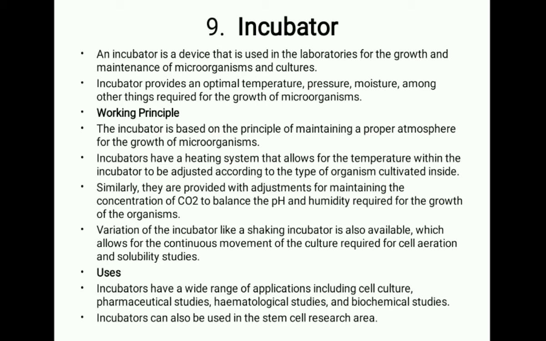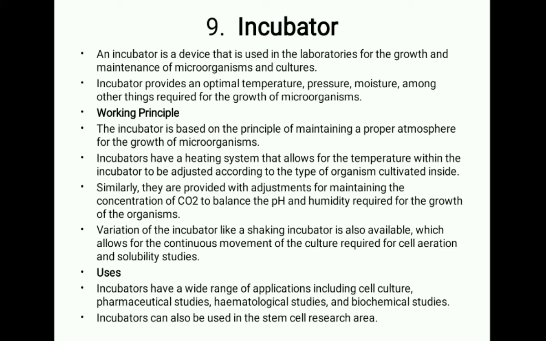Talking about working principles, the incubator is based on the principle of maintaining a proper atmosphere for the growth of microorganisms. Incubators have a heating system that allows the temperature within the incubator to be adjusted according to the type of organism cultivated inside.